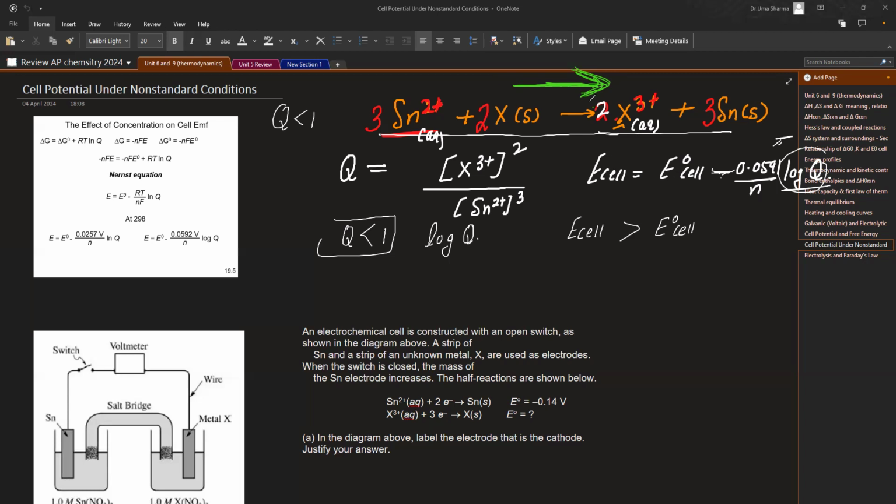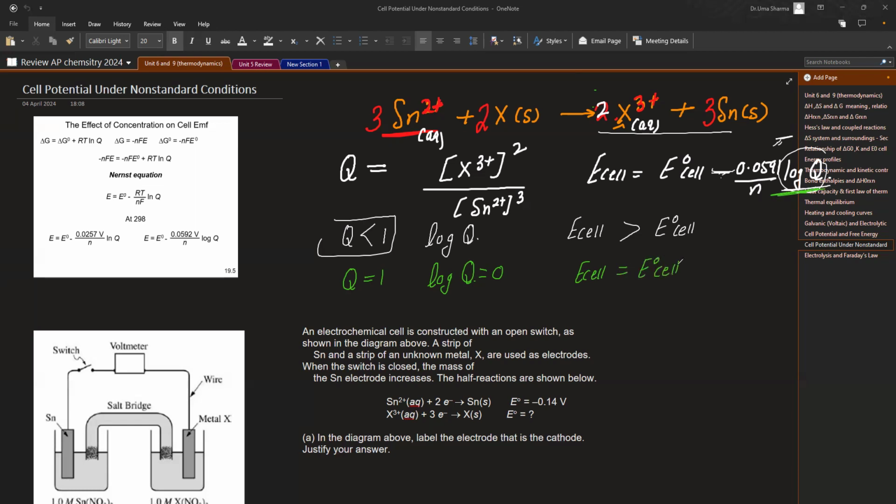Are we understanding this, children? Okay, this is one concept. And if Q equals 1, then what happens? What happens to log Q? Log Q will be 0. So what happens to E cell? This is 0, right? It will be E naught cell.